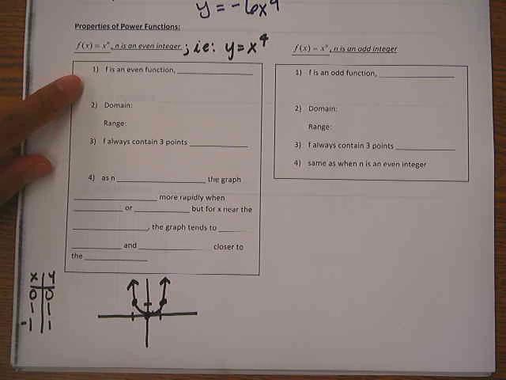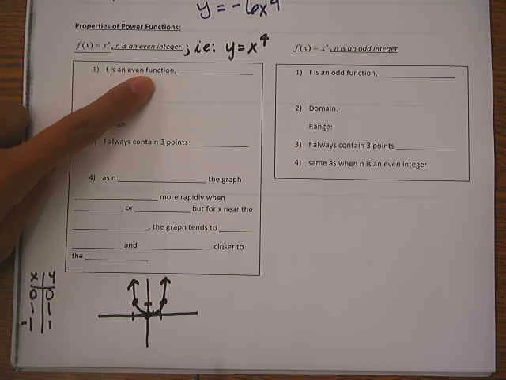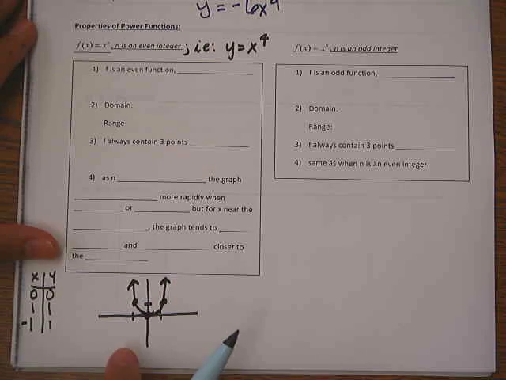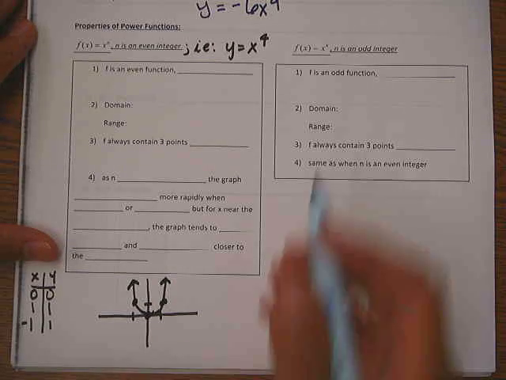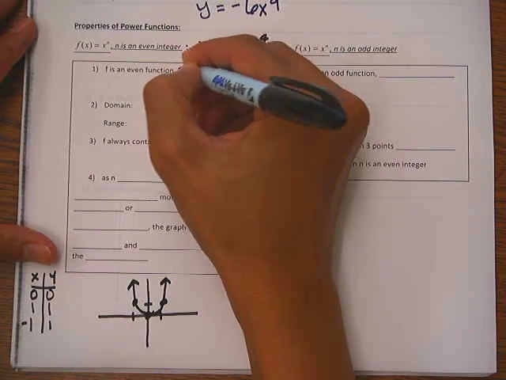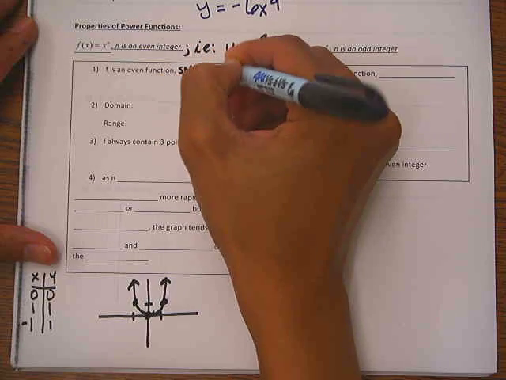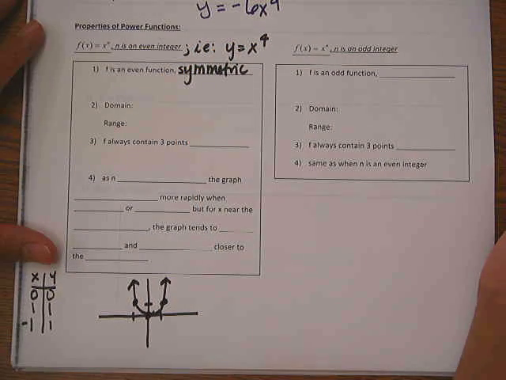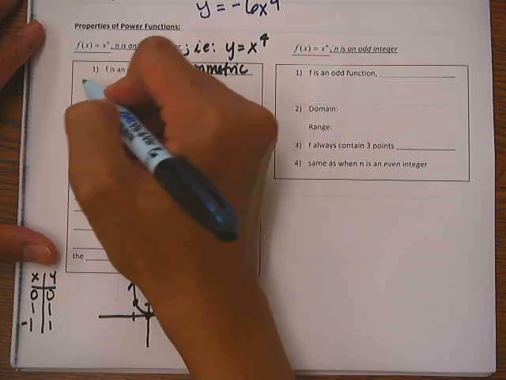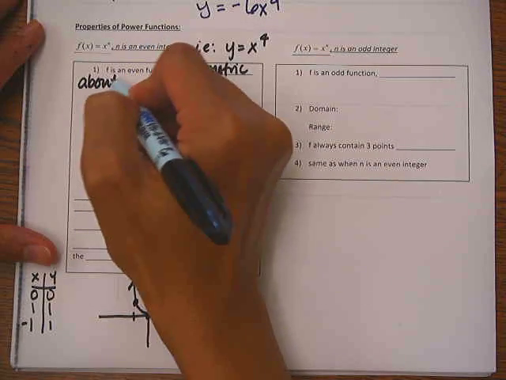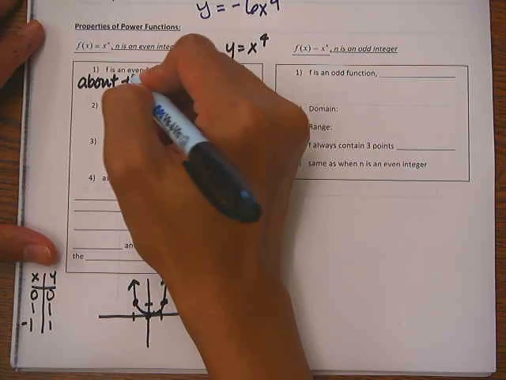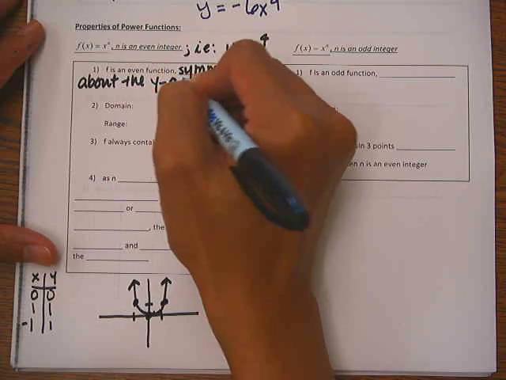So part 1. f is an even function because look at the symmetry. It is symmetric about the y-axis.